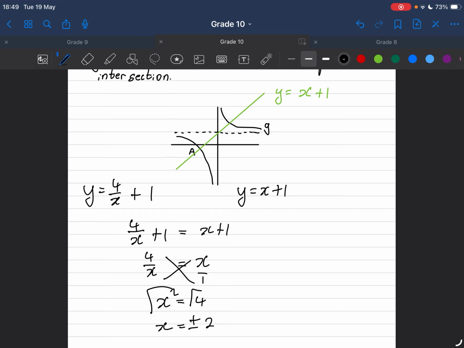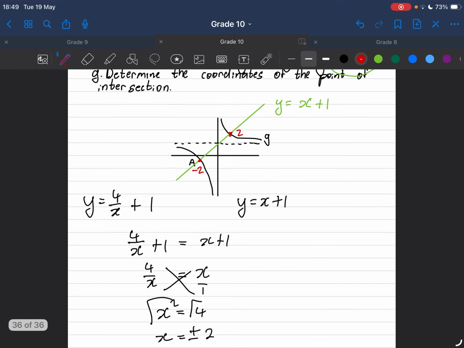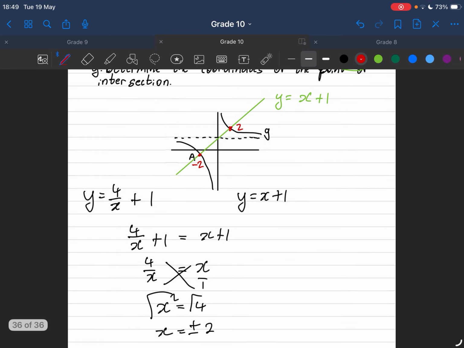So why are there 2 points? It's because it intersects twice, over here and here. This is going to be negative 2, and that's 2. So now you've got those, you just need the coordinates. You can sub this into any graph. So we'll substitute 2 first, and then we'll substitute negative 2.